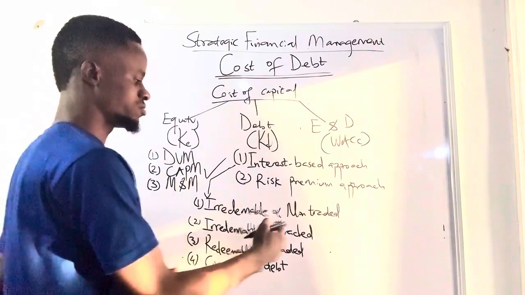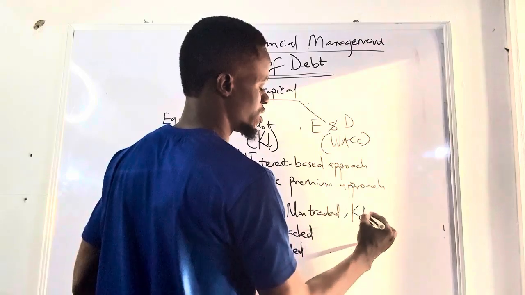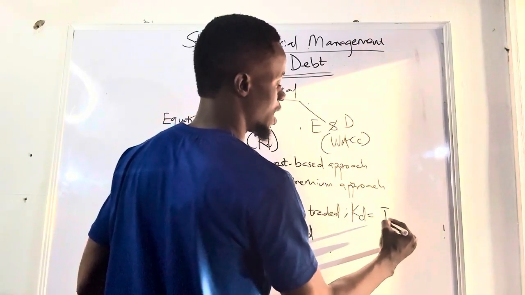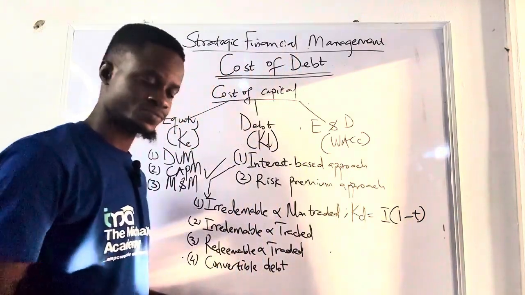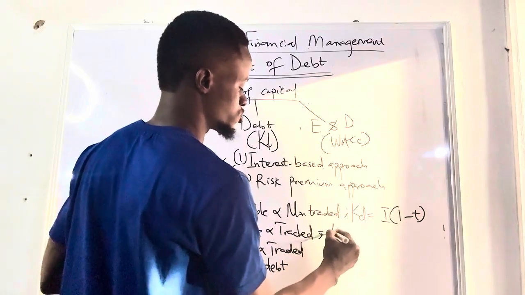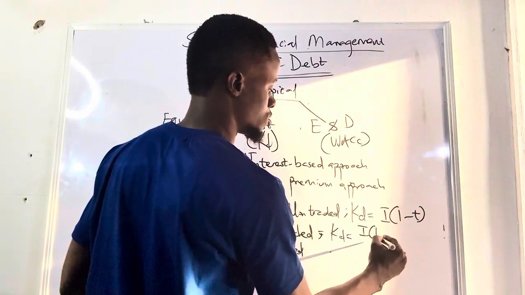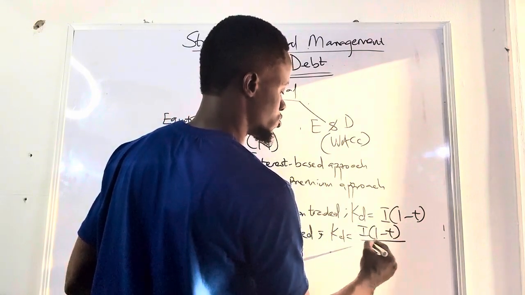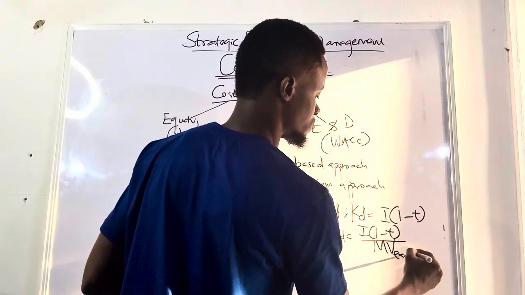And the formula for irredeemable and non-traded is just this: Kd, cost of debt, is equal to interest post tax. For irredeemable and traded, cost of debt is equal to interest post tax over market value, Kd = I(1-T)/MV.